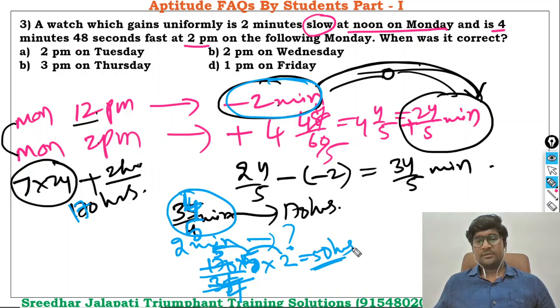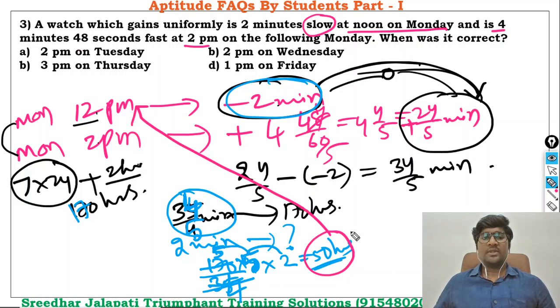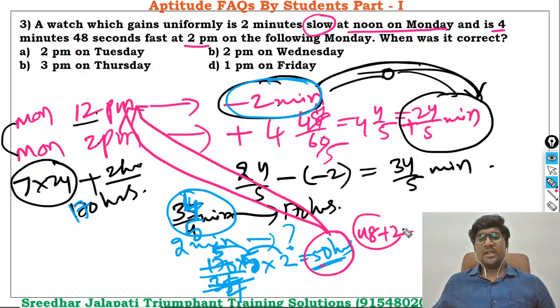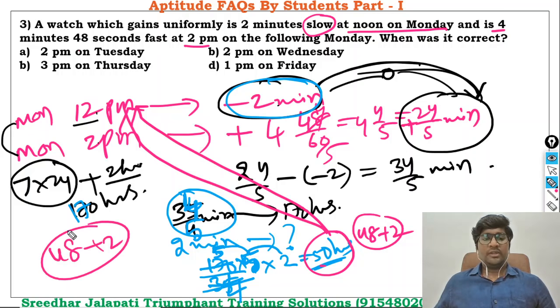So after 50 hours, the clock shows the correct time. After 50 hours from Monday 12 p.m., that is the first time. I can write 50 hours as 48 hours plus 2 hours. 48 hours is 2 days, so Monday 12 p.m. plus 2 days is Wednesday 12 p.m., plus 2 hours, that is Wednesday 2 p.m. The clock shows the correct time.